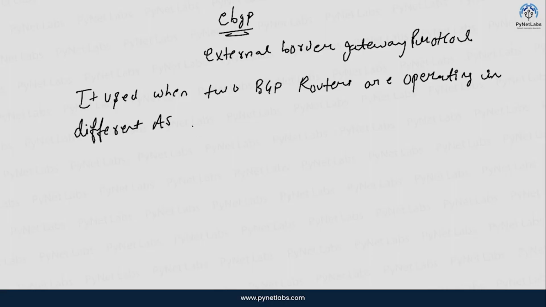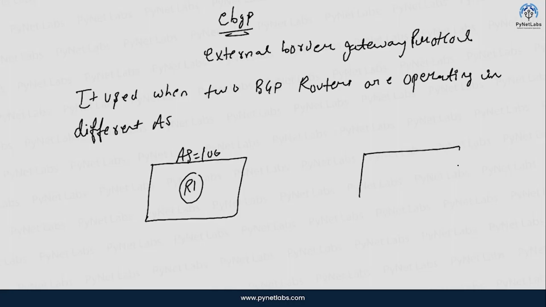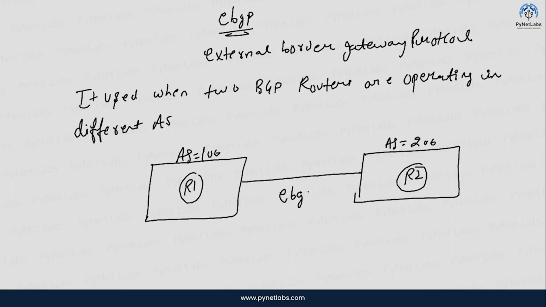Let's say I have AS 100, and in this AS 100 I have router 1. I have AS 200, and in this AS 200 I have router 2. Now, if R1 and R2 need a connection, in that scenario they need the External Border Gateway Protocol, and the session which connects R1 and R2 we call an eBGP session.